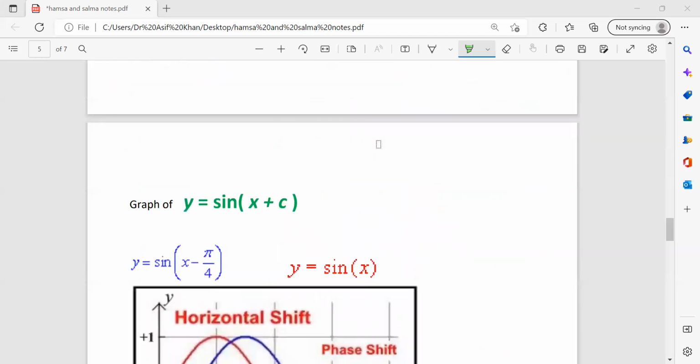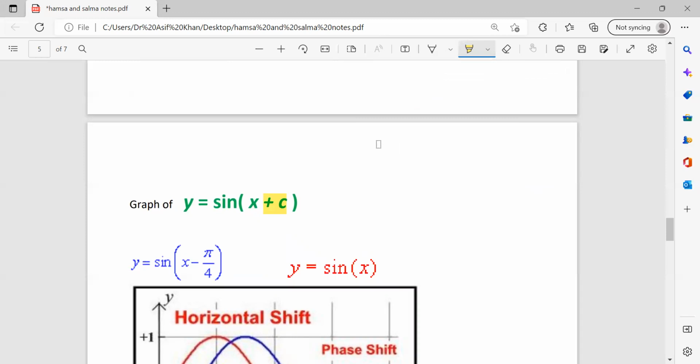After that, this thing. The graph of y is equal to sine x plus c. Whenever any number is added or subtracted with the angle, remember that it is not outside the number, it is inside with the angle, or you can say in the bracket, just like this example, x minus pi by 4.